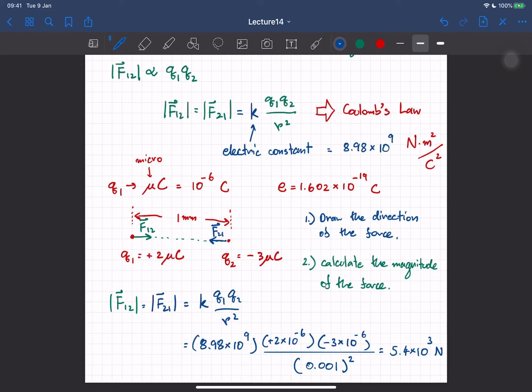Again, I kind of ignored the fact that there's a minus sign here. The thing is that we are calculating the magnitude, so the sign here is not so relevant at this point. I'm not going to write the minus sign down because it's the magnitude of the force, so it's always positive. So this is a very fundamental example of how to use Coulomb's law.